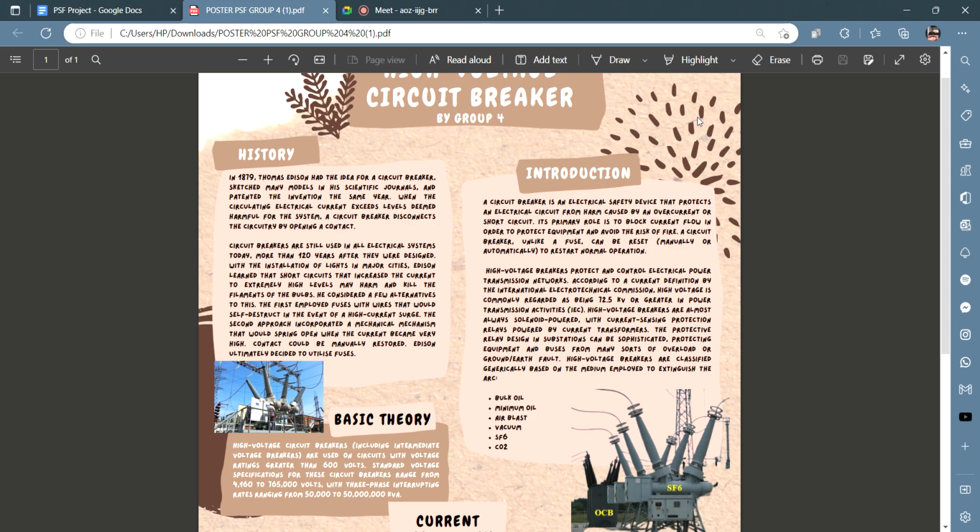High voltage circuit breakers protect and control electrical power transmission networks. According to a current definition by the International Electrotechnical Commission, known as IEC, high voltage is commonly regarded as being 72.5 kV or greater in power transmission activities.